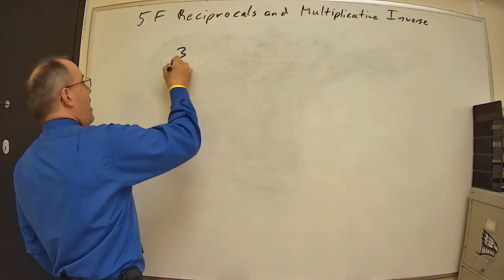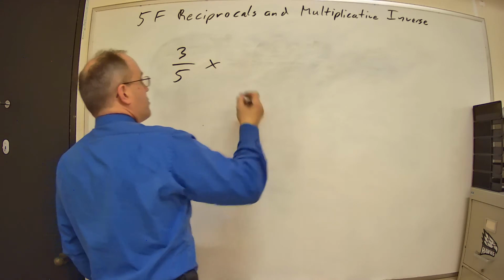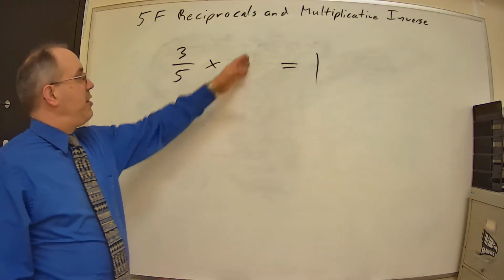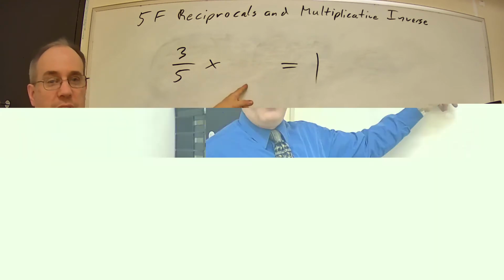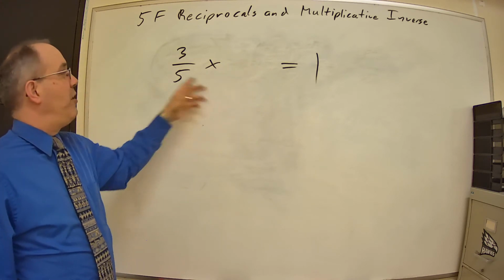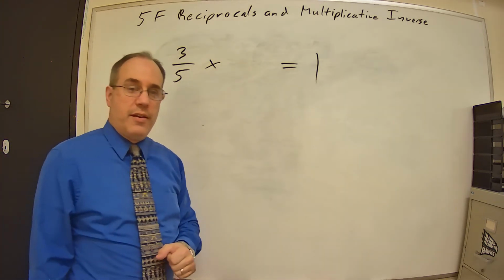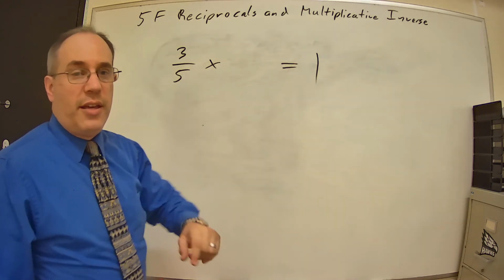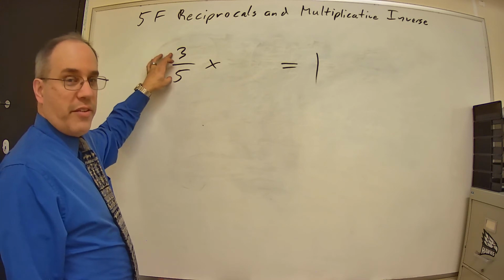So if I have 3/5 times what will give me 1, the multiplicative inverse is the value that I put here that will cause this to be a true statement. Well, the multiplicative inverse is just the reciprocal of this.